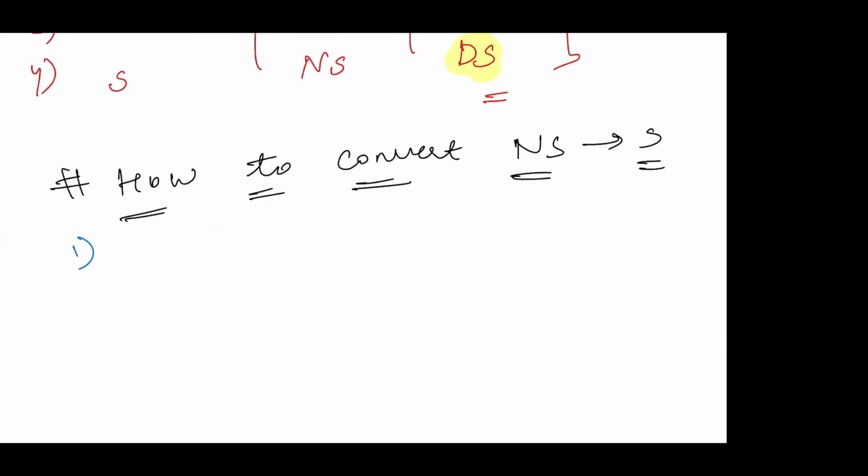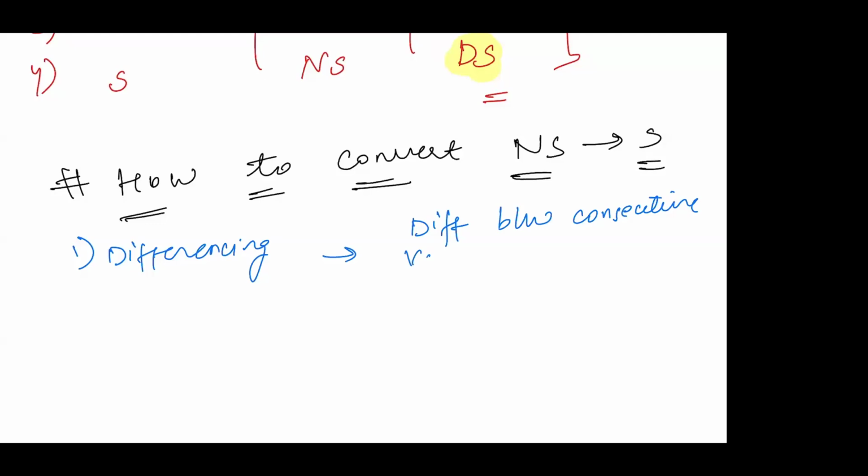The first way is of course differencing. What do you mean by differencing? Basically, you take the difference between consecutive values. This is the first method. The second method is transformation. What do you mean by transformation?